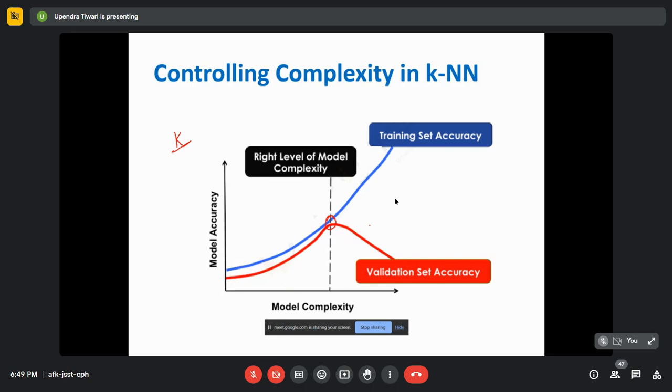So after a certain value of k, your model will start creating overfitted regions. So we find the value of k where the training accuracy and test accuracy are both very high and very close to each other.